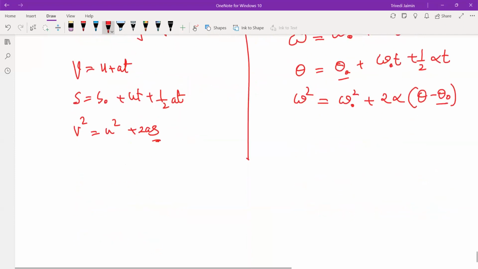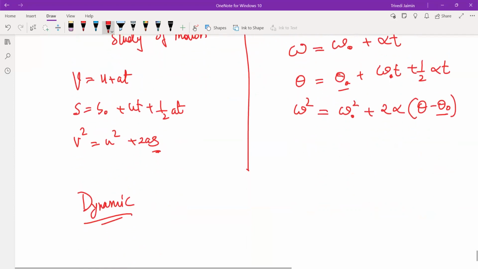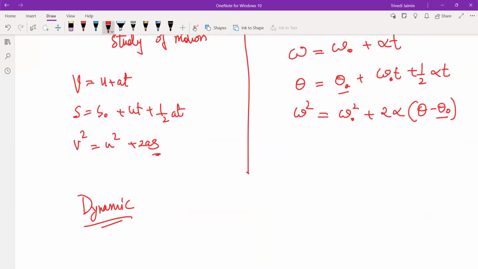Now what is dynamics? See, kinematics was the study of motion without considering how it is happening. Dynamics is with consideration of forces: how it is happening, who is moving it, force, torque.